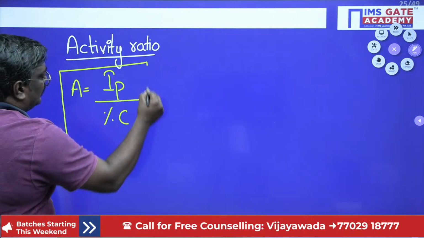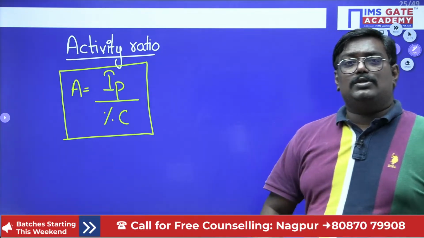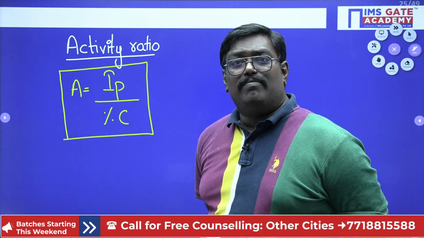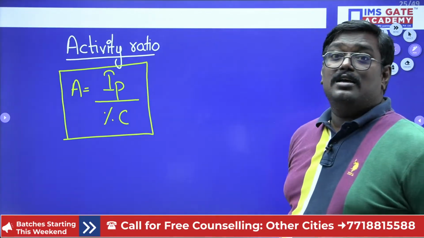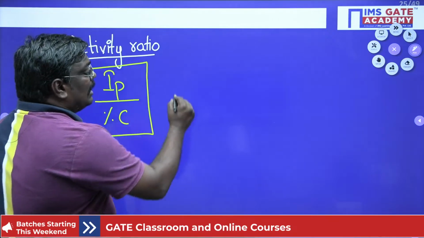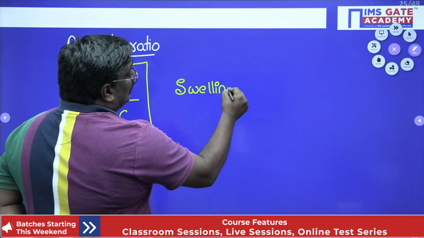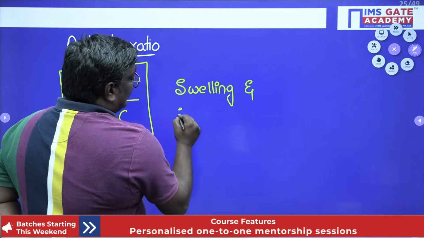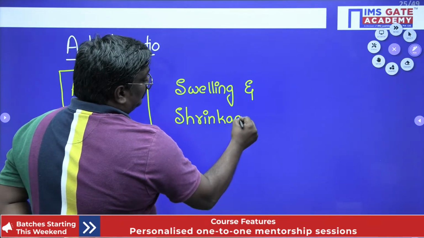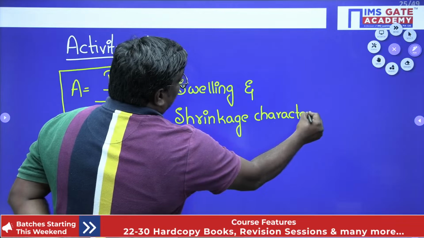Why do you want to study the activity ratio? See students, the swelling and shrinkage characteristics of a soil are represented by a number called the activity number. To get an idea about the swelling and shrinkage characteristics of a soil, it is represented by a number called the activity number, that is N.